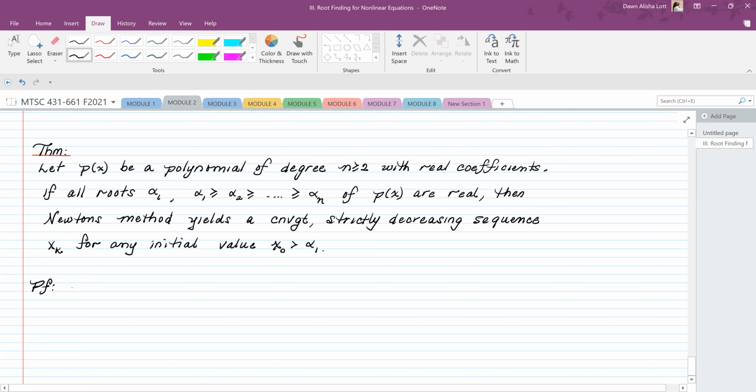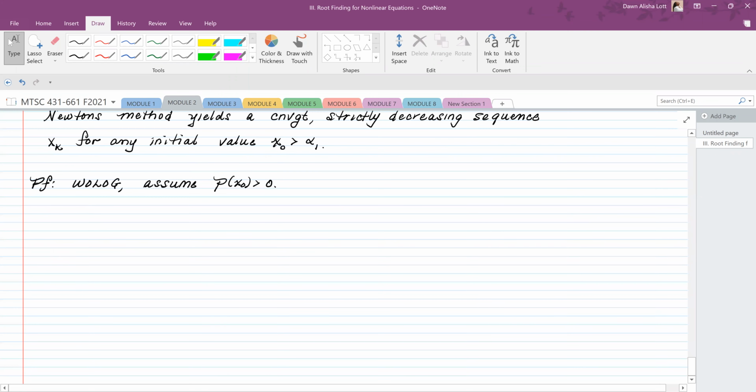Proof. Okay, so without loss of generality, let's assume that P of X naught, this is the polynomial, is greater than 0. Okay, now we know that if it's greater than 0, it's not going to change sign until before we get to the first root.